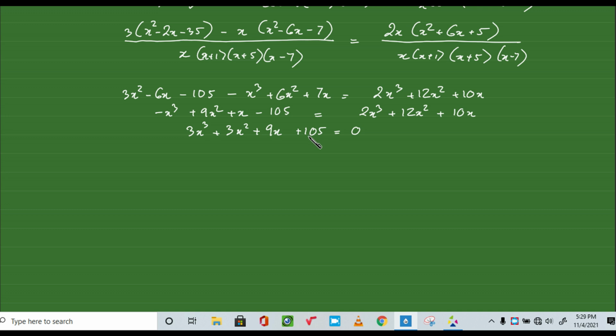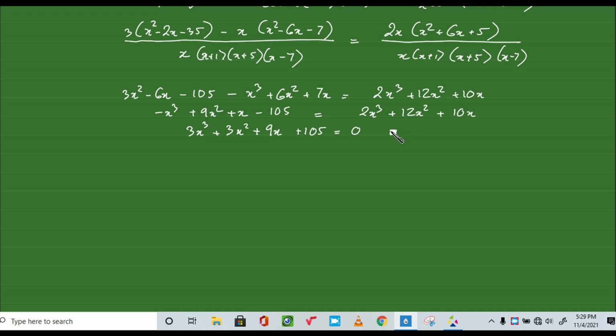So there's no way that you can solve this easily. If you stop right here, I don't see the point. This is a cubic equation. This you gotta use some very special tactics to solve. So if you stop right over here, it will be great.